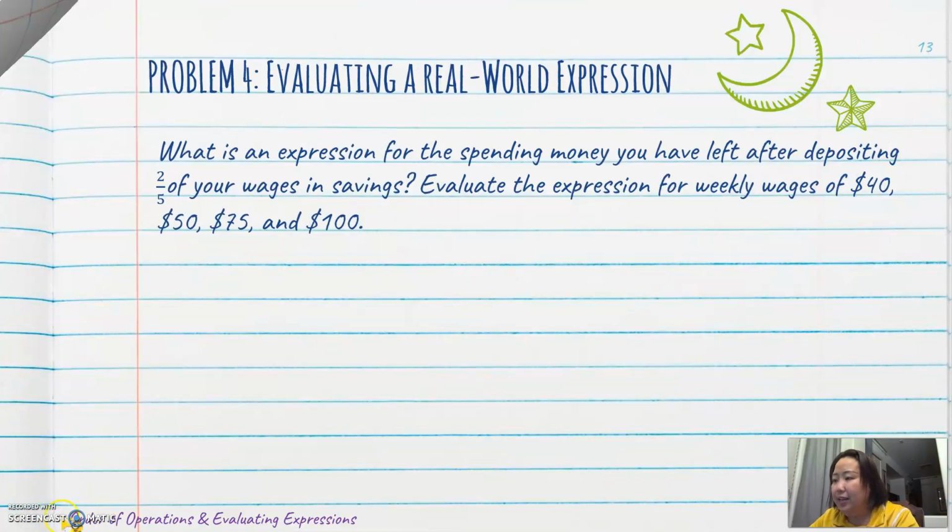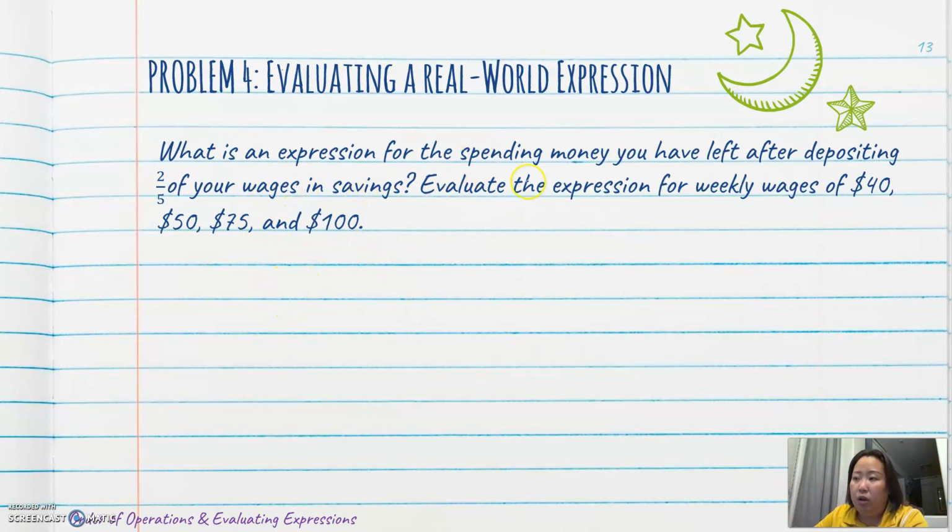All right, let's try using a word problem. What is an expression for the spending money you have left after depositing 2/5 of your wages in savings? We need to evaluate the expression for weekly wages of $40, $50, $75, and $100. Let's start with writing an expression.